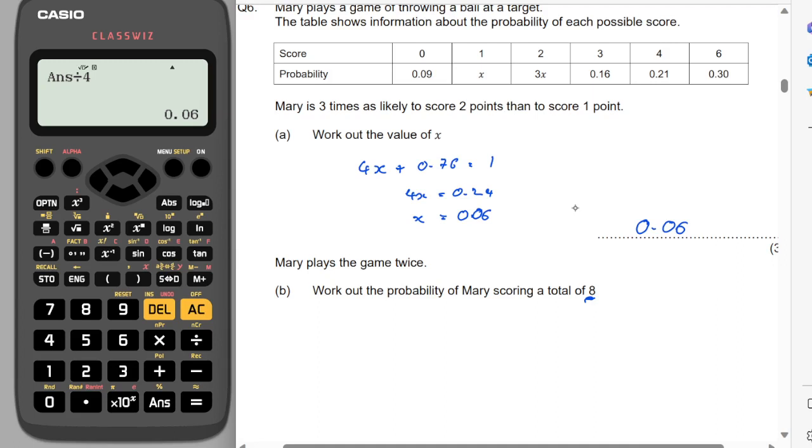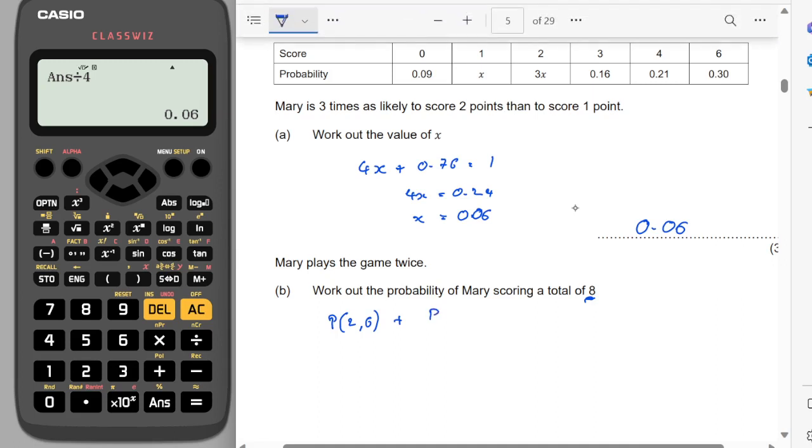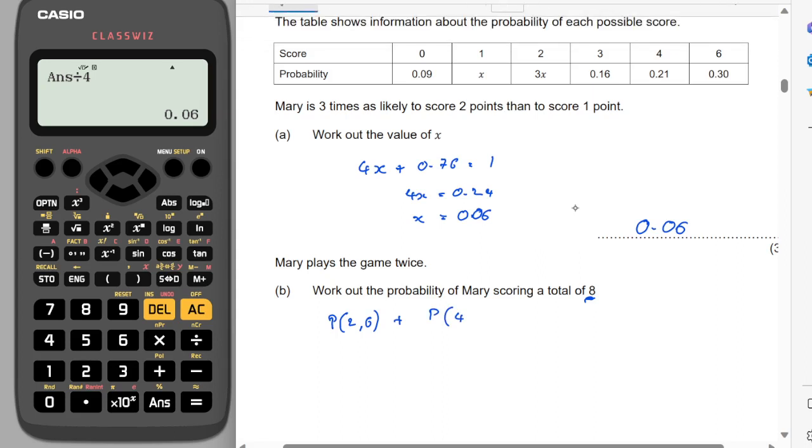We could have had a 2 and a 6, so the probability of a 2 and then a 6, plus the probability of having a 3. Can we make that? We can't. So we can't do a 3 and another number because we don't have a 5. So the only other way she can make an 8 is a probability of scoring a 4 and a 4.